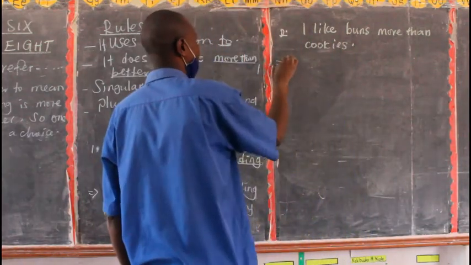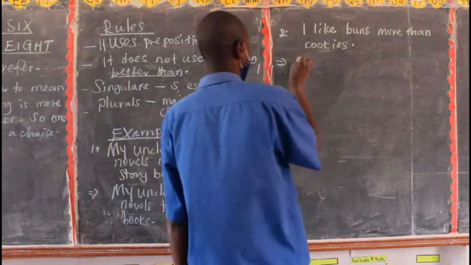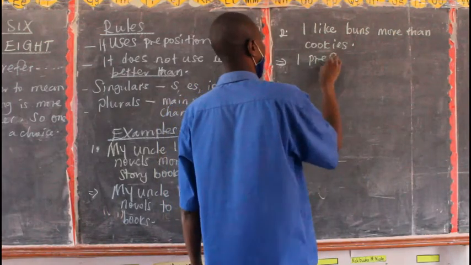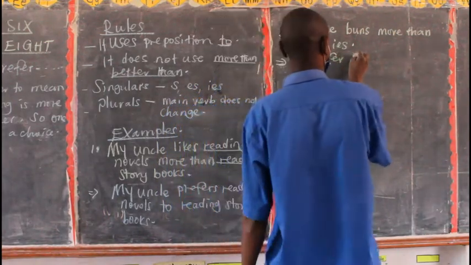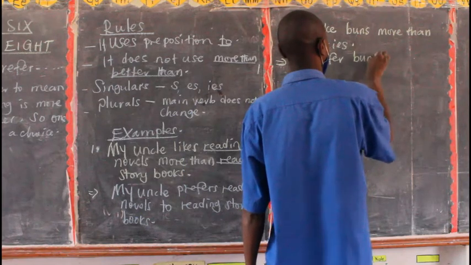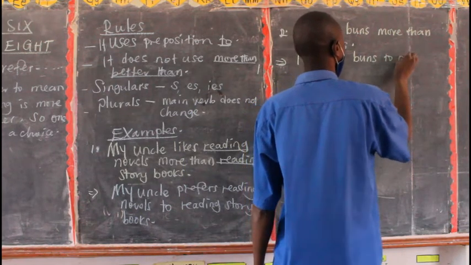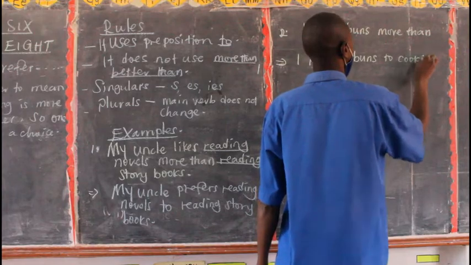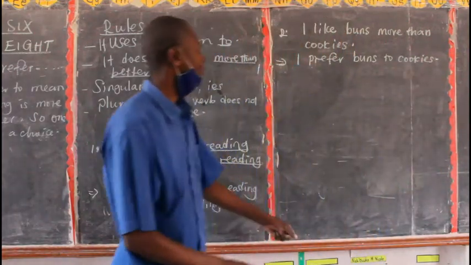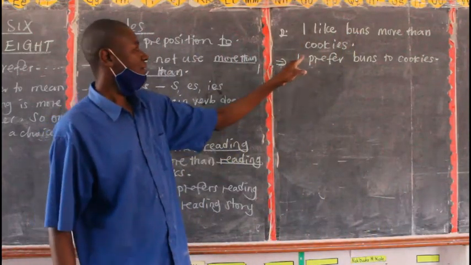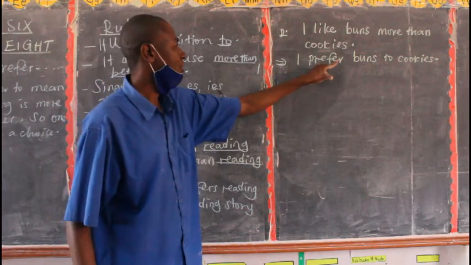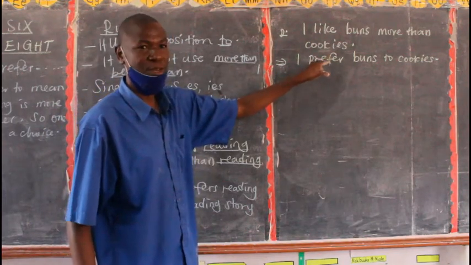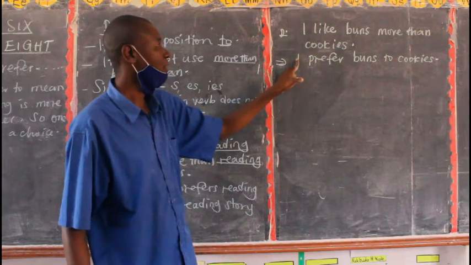So this one you come here and say, I prefer buns to cookies. This will be the answer. This I has not changed the verb prefer. It remains unchanged because of pronoun I.